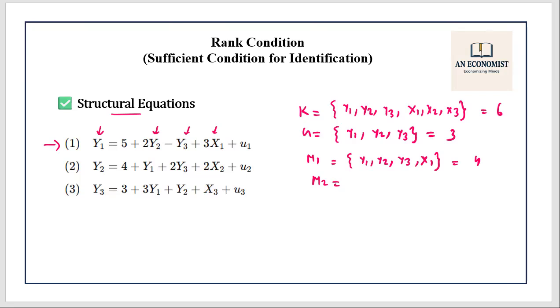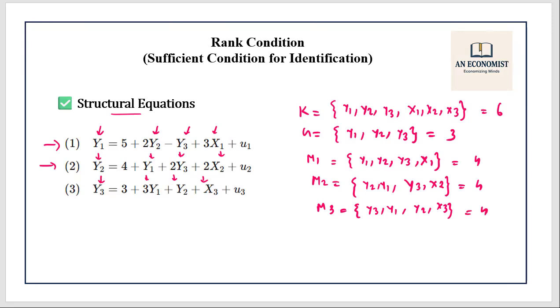Now what about m2, the m for the second equation? You have 1, 2, 3, 4. Again, four variables: y2, y1, y3, and x2. For m3, again 1, 2, 3, 4: y3, y1, y2, and x3. So again, it is 4.